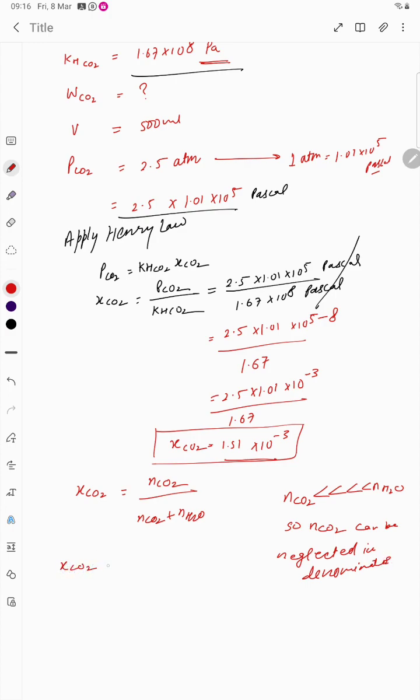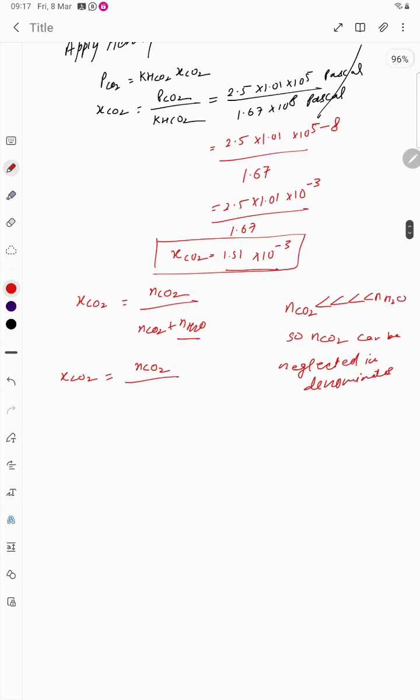So X_CO2 is equal to n_CO2 upon n_H2O. We have to find n_CO2, so n_H2O is required here.